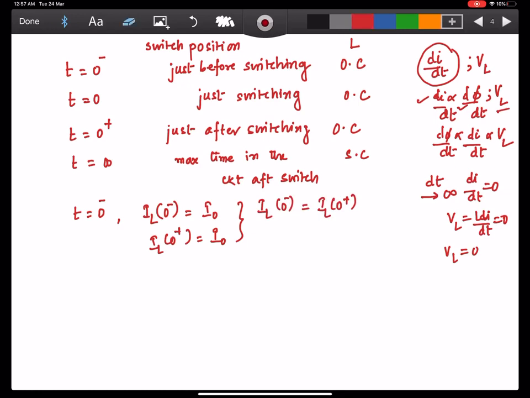So at this particular point your inductor will behave as a current source. So at t is equal to infinity, we have a voltage which is equal to 0, and the rest of the time we will have a voltage VL is equal to L di by dt.